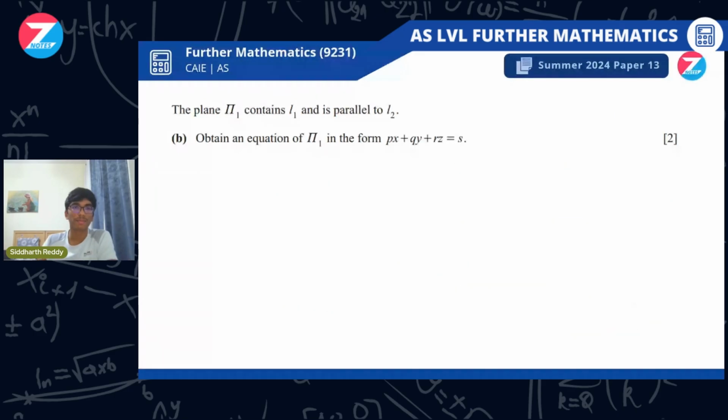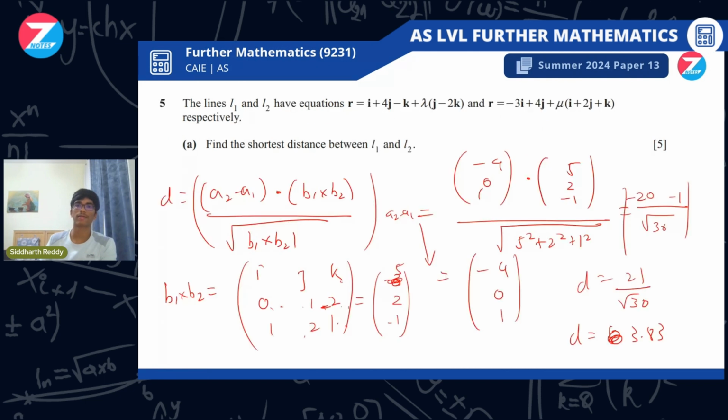The plane pi 1 contains L1 and is parallel to L2. So there's some plane like this. The line L1 passes straight through it, and it also is parallel to L2. Obtain an equation of pi 1 in the form px plus qy plus rz is equal to s.